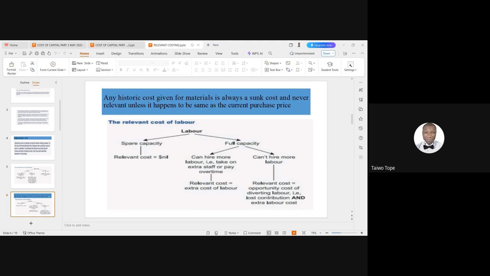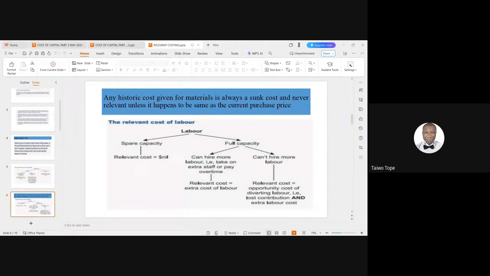Yes, the relevant cost in that scenario, sir, will be the lost contribution, and the extra labor cost will be paid to the workers. And why are we coming up with that? We want to see if the overall cost of producing a product compared to other organizations is worthwhile.